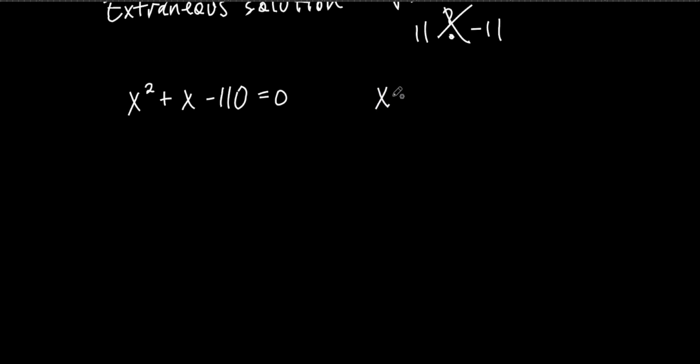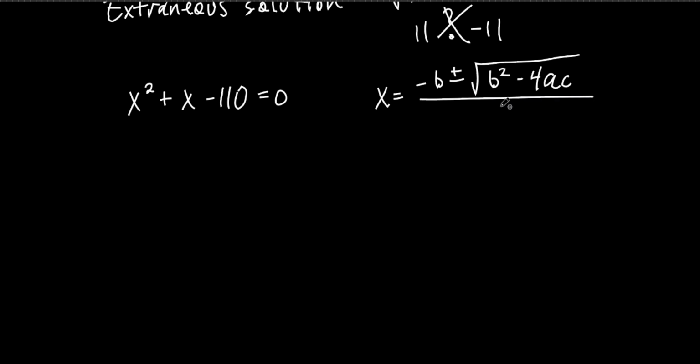So let's try to remember what the formula for this is. Remember this? Negative b plus or minus the square root of b squared minus 4ac, over 2a. Did I drill this into your head or not? That should look familiar, correct?